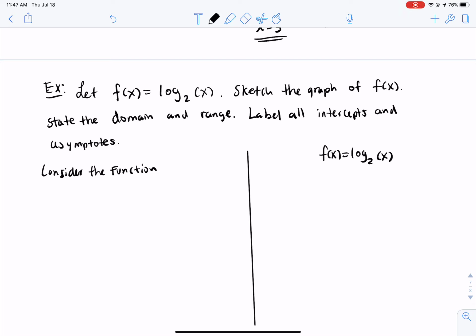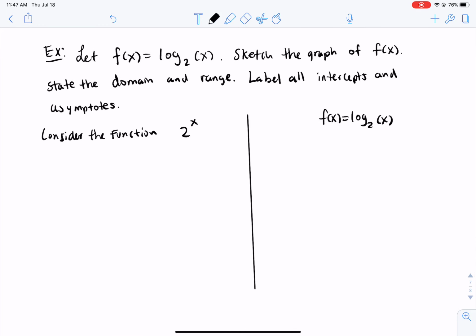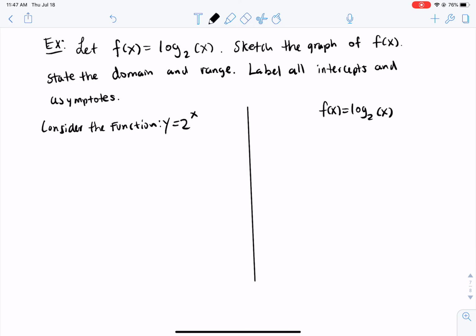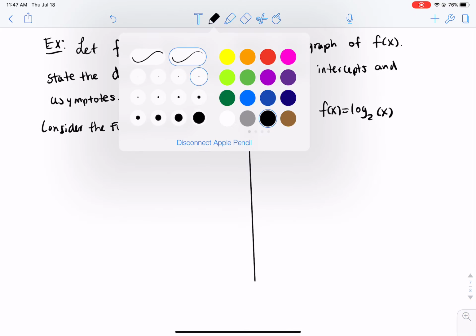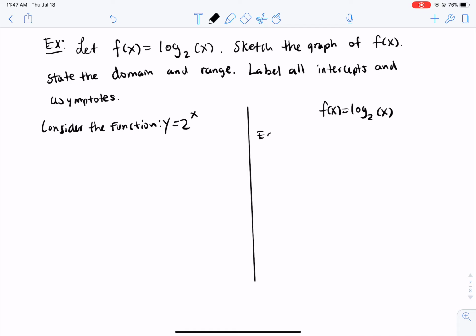The base for that log is going to be 2. The base for this exponential function here is going to be 2 as well. So we're going to take a look at the function 2 to the x. And imagine that this is y equals 2 to the x. That's our function. What will be the equivalent form on the right side? What will be the equivalent form of this log?